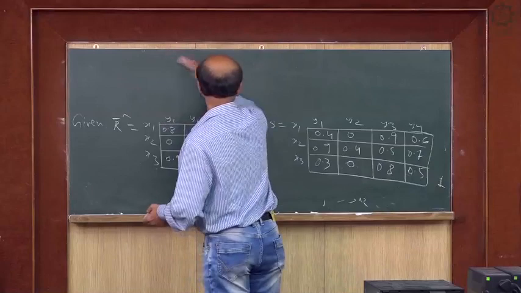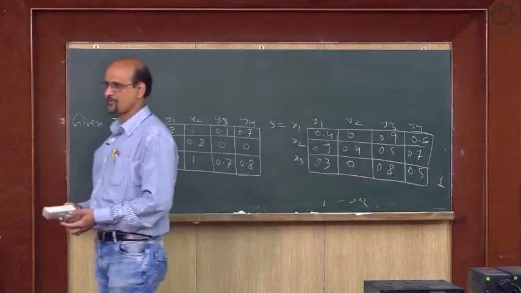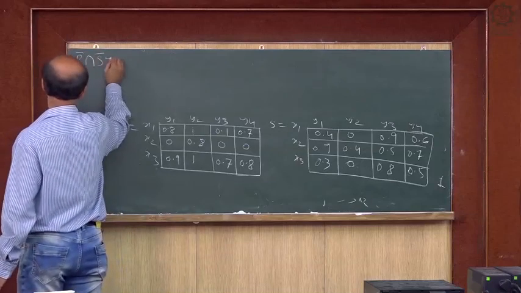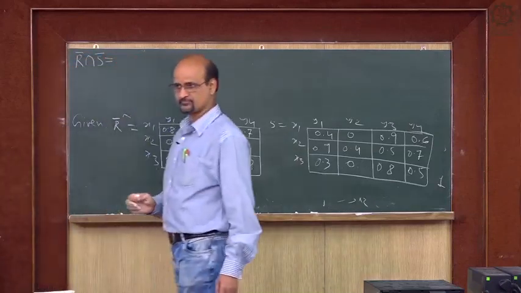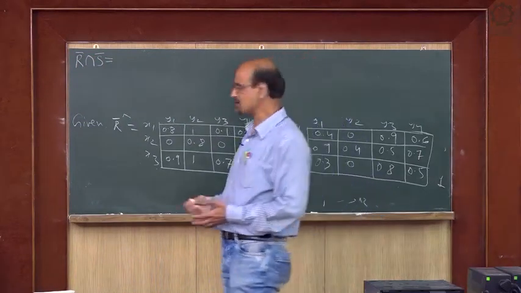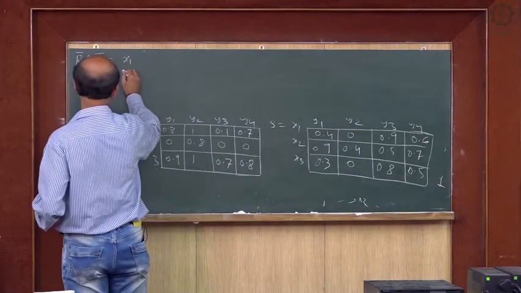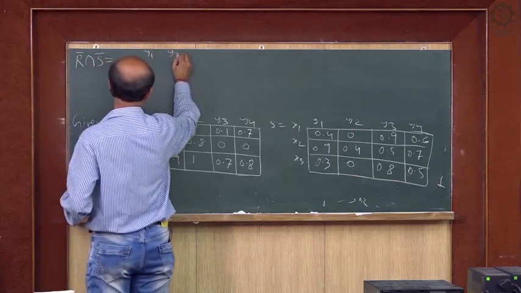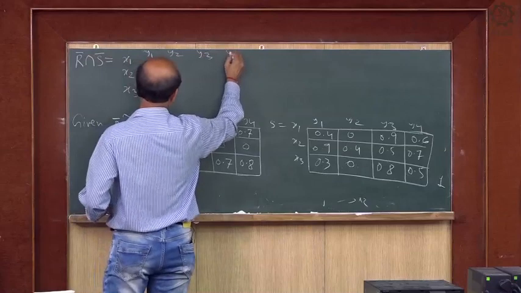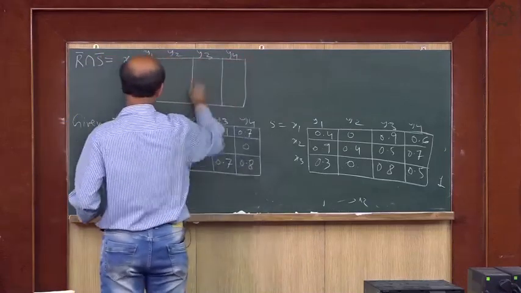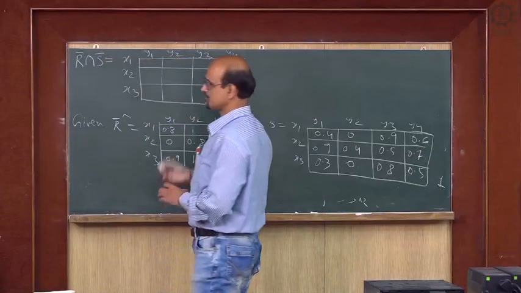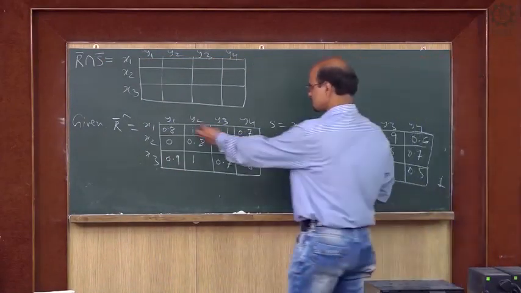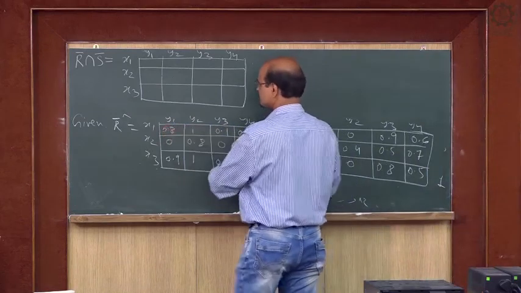Now I want to find first R bar intersection S bar, intersection of these two relations. You know the definitions I wrote in the last class. So let us have this x1, x2, x3, y1, y2, y3, y4. So what was the definition? Very easy. Minimum of this and this, that is 0.4.